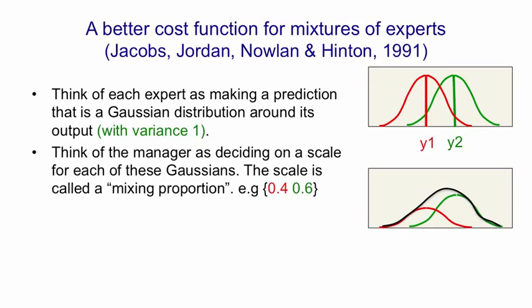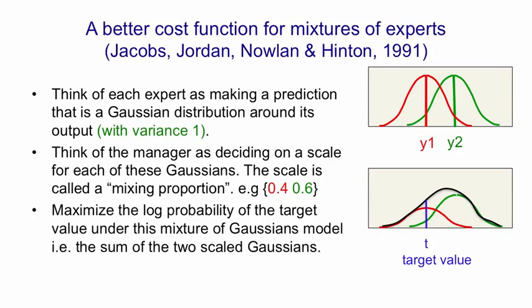And so once we've scaled down the Gaussians, we get a distribution that's no longer a Gaussian. It's the sum of the scaled down red Gaussian and the scaled down green Gaussian. And that's the predictive distribution for our mixture of experts. What we want to do now is maximize the log probability of the target value under that black curve. And remember, the black curve is just the sum of the red curve and the green curve.